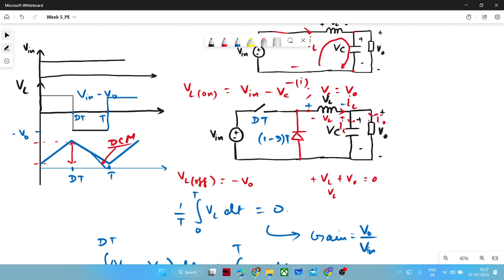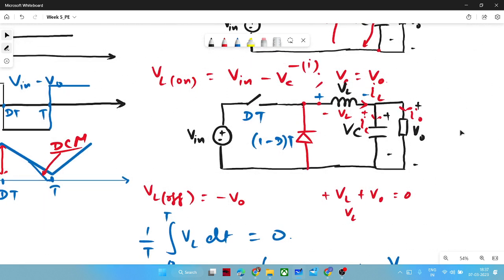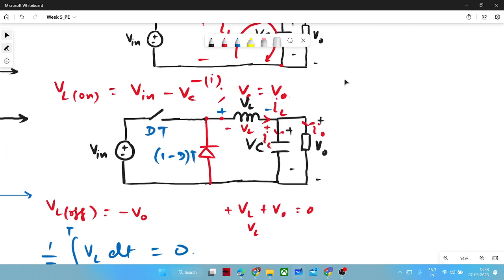Basically, in a broader perspective, this capacitor enables the flow of only the ripple current, delta IL, and whatever the average value of inductor current is, that will go to the load. That should be DC because we want DC current at the output.